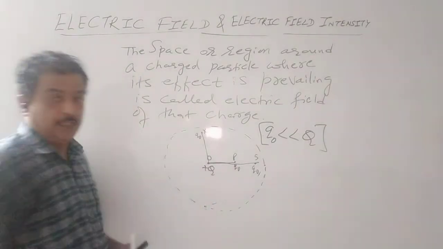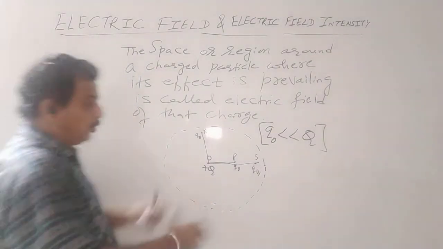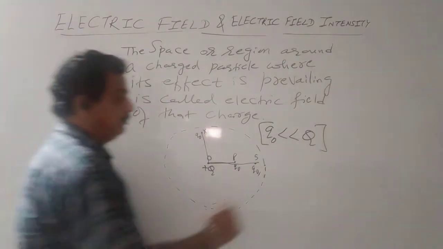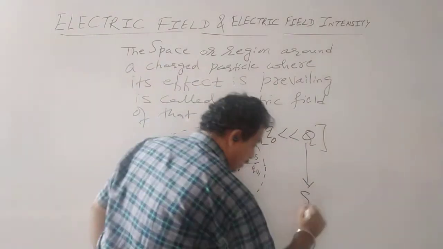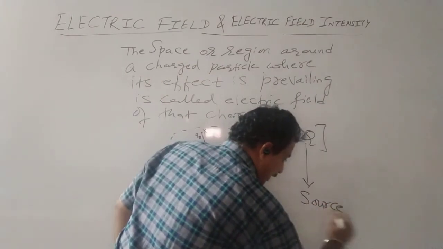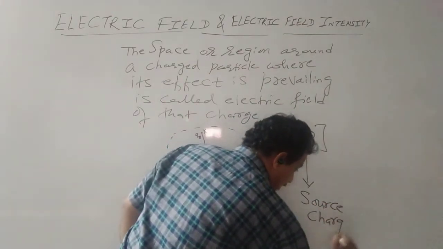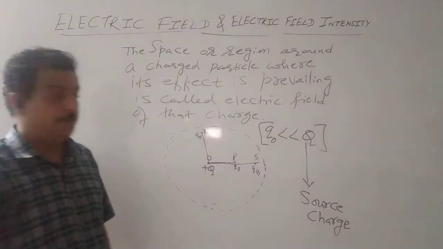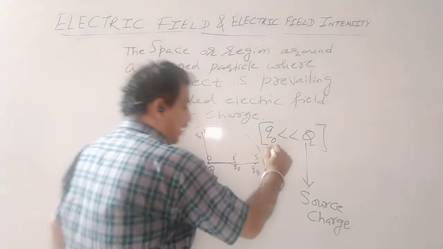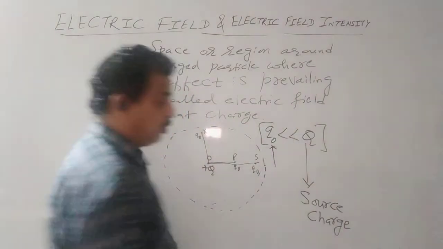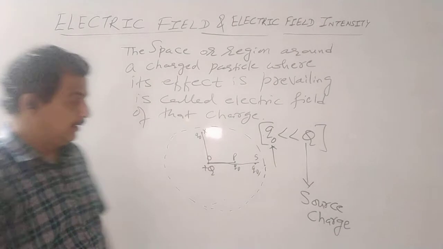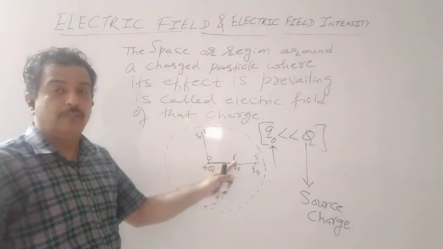Plus q charge. Now to differentiate q naught and capital Q, we name capital Q a source charge. तो जिसका इलाका है, जिसका रीजन है, जिसकी दादागिरी चलती है, उसको सोर्स चार्ज कहते हैं. और जो चार्ज हम रखते हैं to check whether the force of interaction is more or less. Now where the force of interaction will be more?